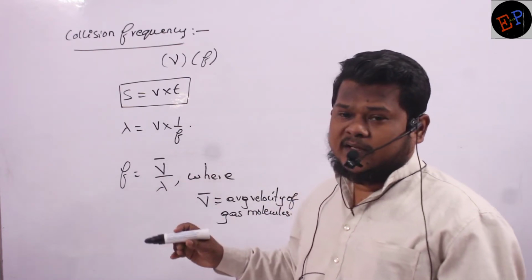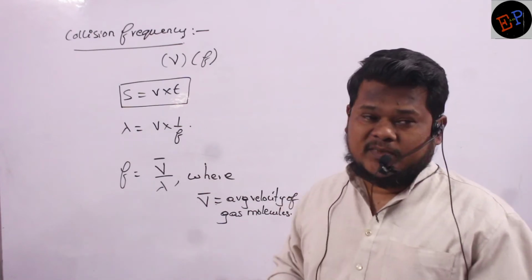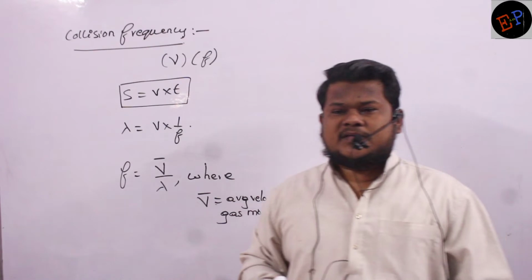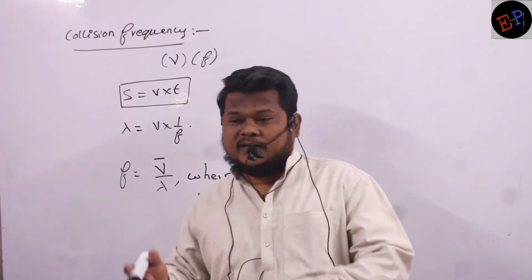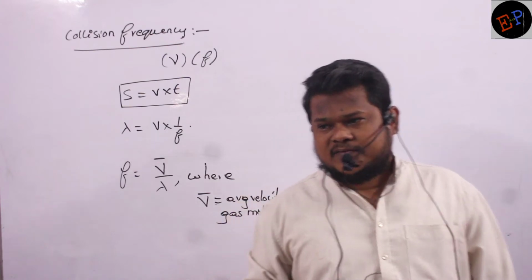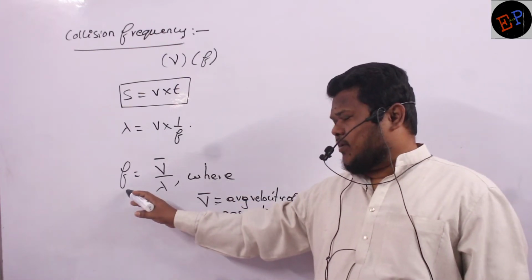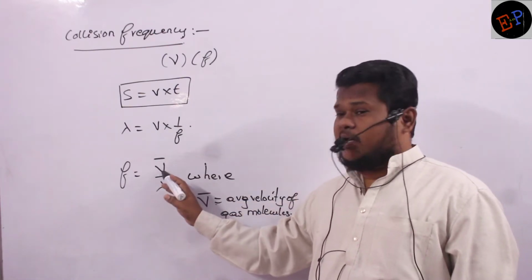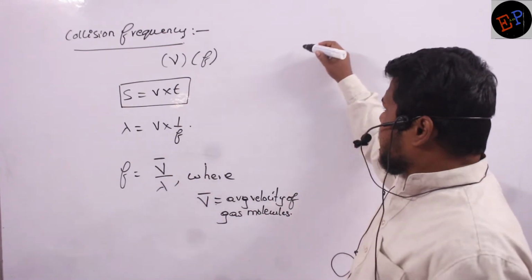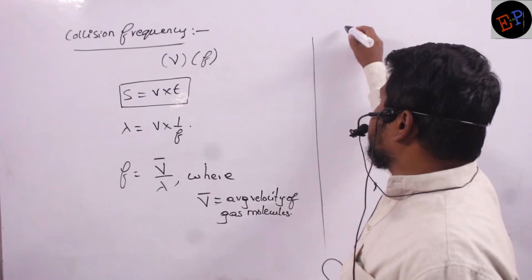But which velocity are we taking? The average velocity of gas molecules. We have studied many velocities previously: RMS velocity, most probable velocity, average velocity. In this equation for calculating collision frequency, we are taking average velocity. So actually what is meant by collision frequency?